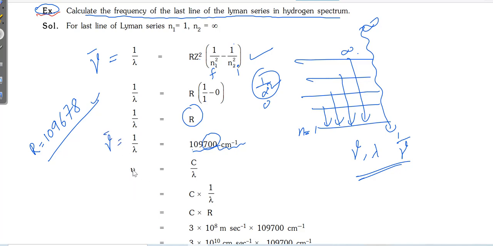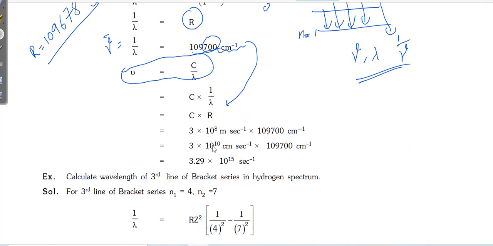This is the nu bar that equals 1 by lambda. If you want nu, what is that formula? Nu equal to c by lambda. Then I can write c by lambda as c into 1 by lambda. Then 1 by lambda value is this one. Just you substitute those values into light velocity c. C equals 3 into 10 power 8 meter per second. Here it is meter, here centimeter is there.